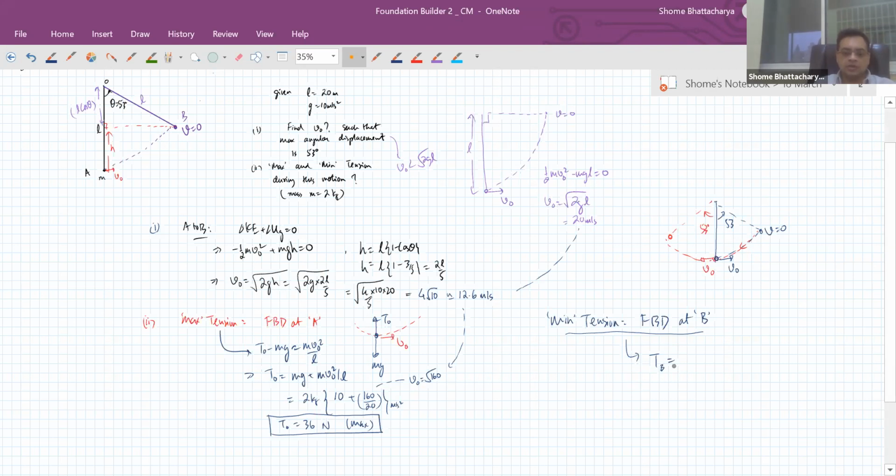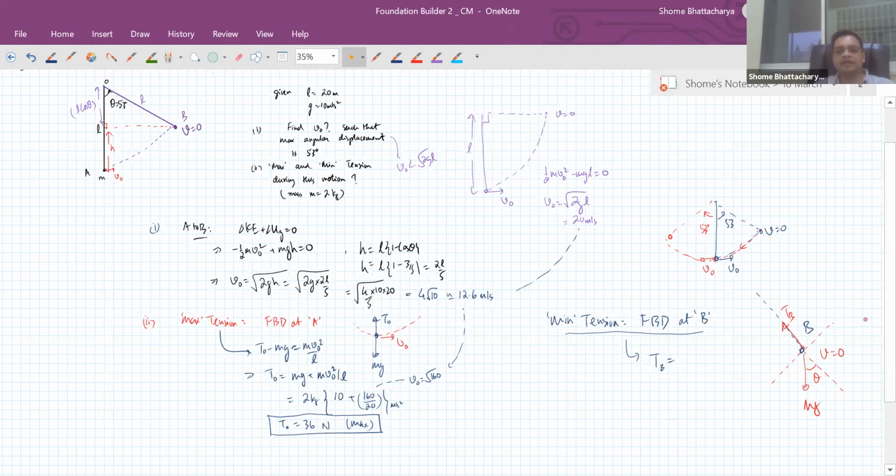So anyway, now coming to the tension at the point B, you can see at the point B, the particle is experiencing weight mg downwards and the minimum value of tension in this direction, and it has come to rest. So this angle is our theta equal to 53 degrees and its speed is 0.